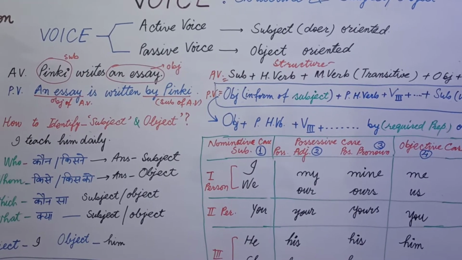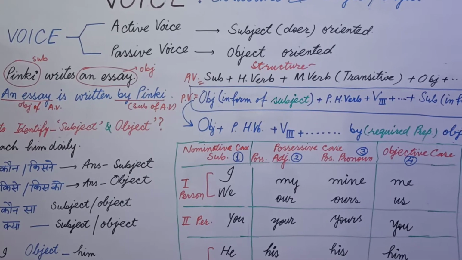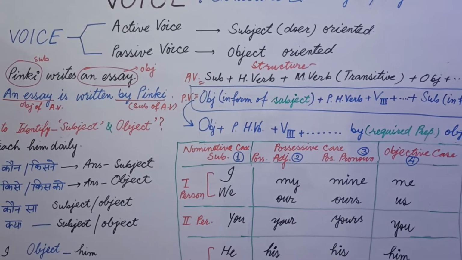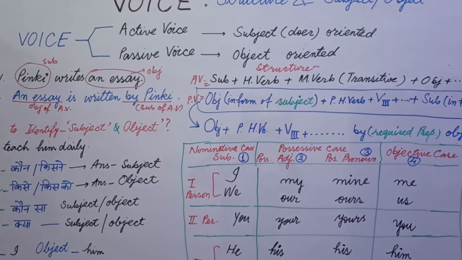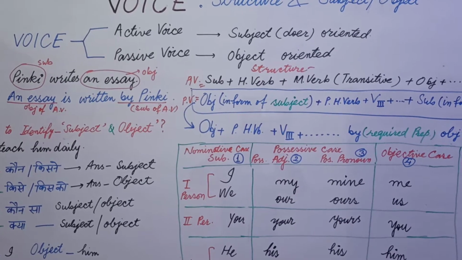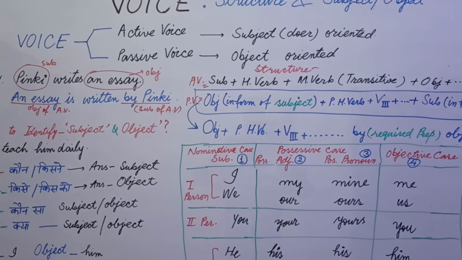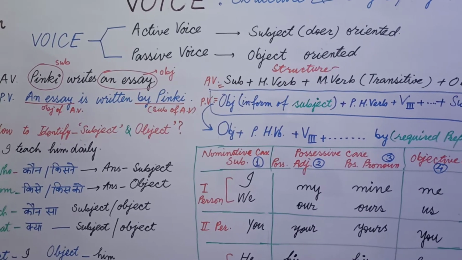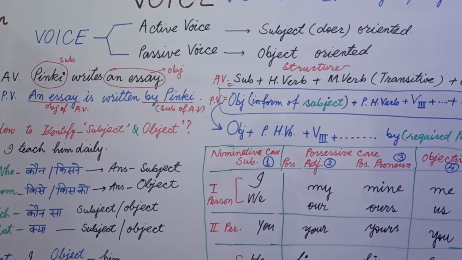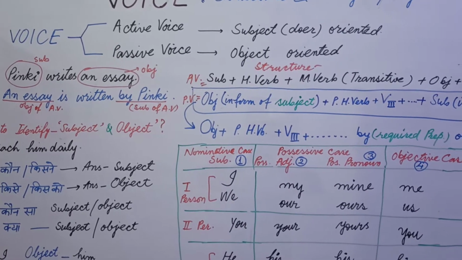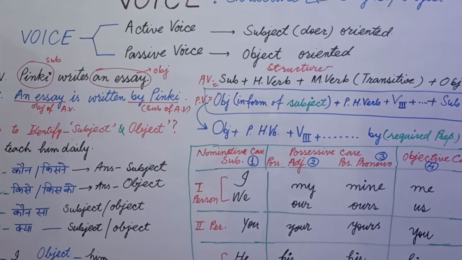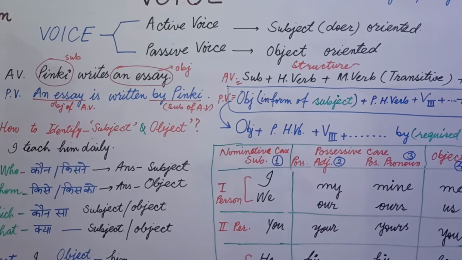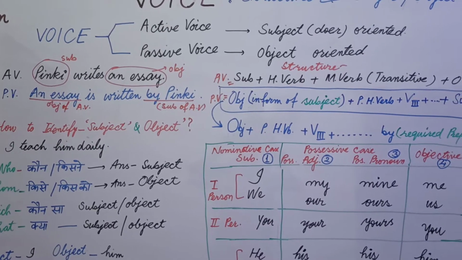Now students, let's take an example to understand what active voice is. Suppose I say, I am teaching some students. I is the doer, and the work of teaching is being done by I, meaning by me. Now you say I is the subject and the group of words students is the object. It is passive voice when I say, students will be taught by me.